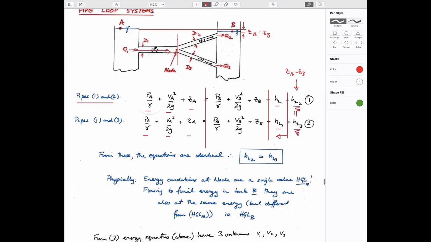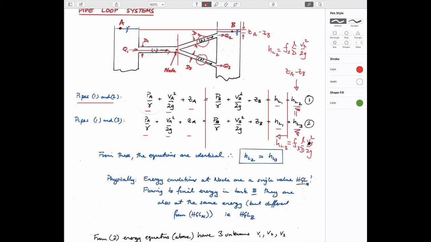If you know the flow rate Q, then you just have to work out what the individual velocities would be by writing out the individual terms for the head loss, which would be friction factor, length over diameter, V2 squared over 2g for this one, which would be HL2, and HL3 would be this one, and that's going to be friction factor 3, the length to diameter of that pipe, and the velocity in pipe number 3 squared over 2g.